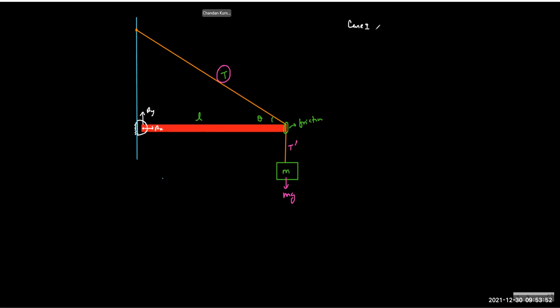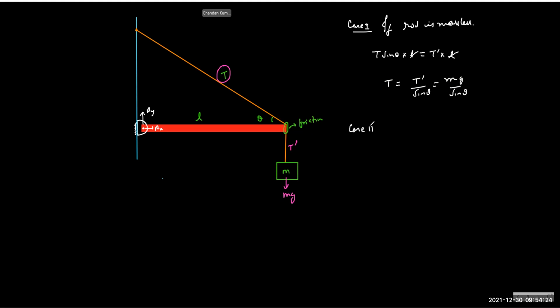Case one, if the rod is massless, then the answer is very simple. T sin theta into L equals T dash into L. Luckily, both are at the same point. That's why L gets cancelled, and you get T equals T dash by sin theta, and T dash was known to us.